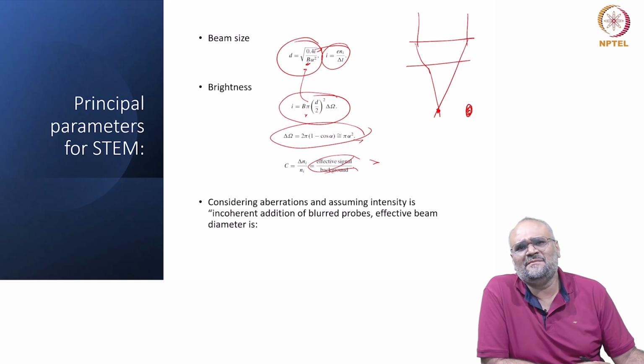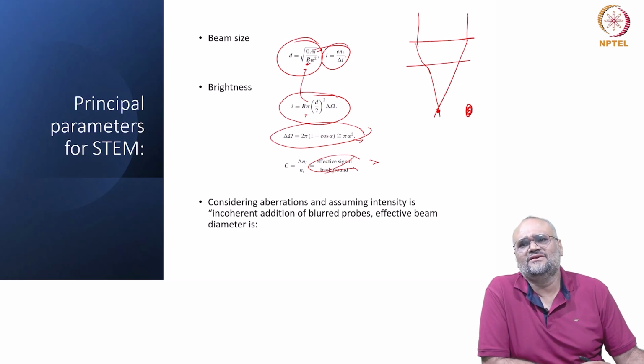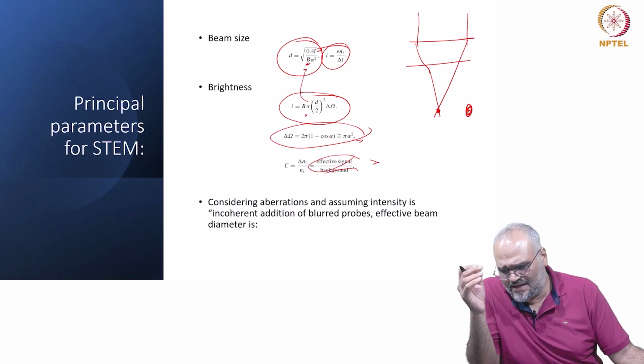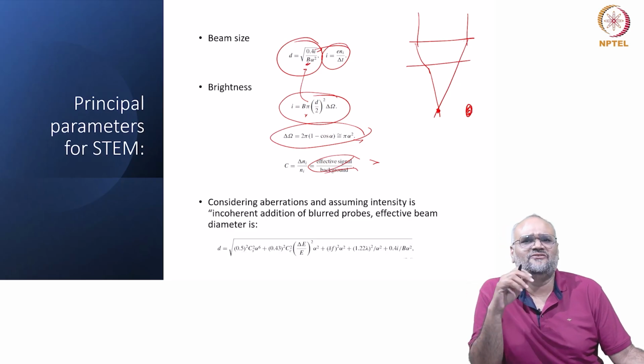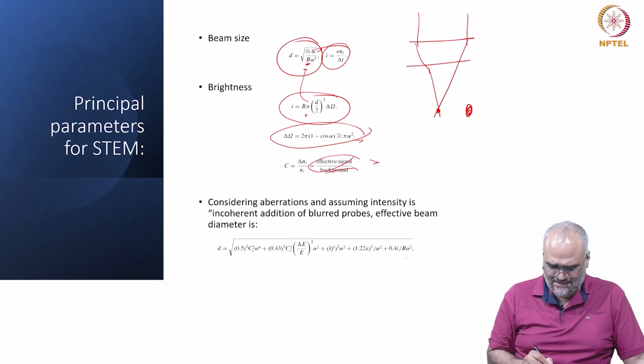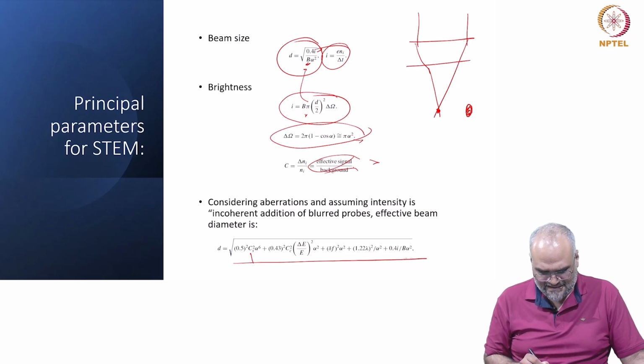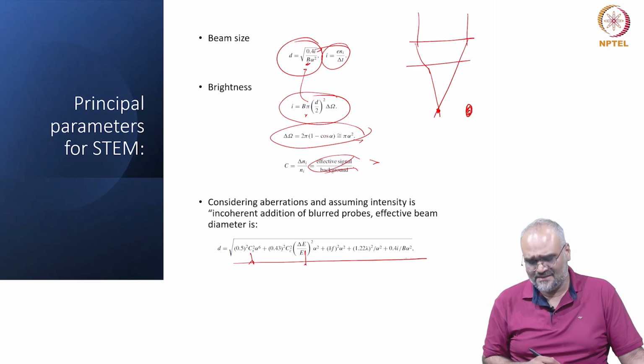The beam diameter, due to all these other aberrations, you can call them a sort of incoherent addition of the blurred probe, and the effective beam diameter can be measured as this value here, where you have the factors such as the spherical aberration, the chromatic aberration, and also the resolution limit and the brightness as well.